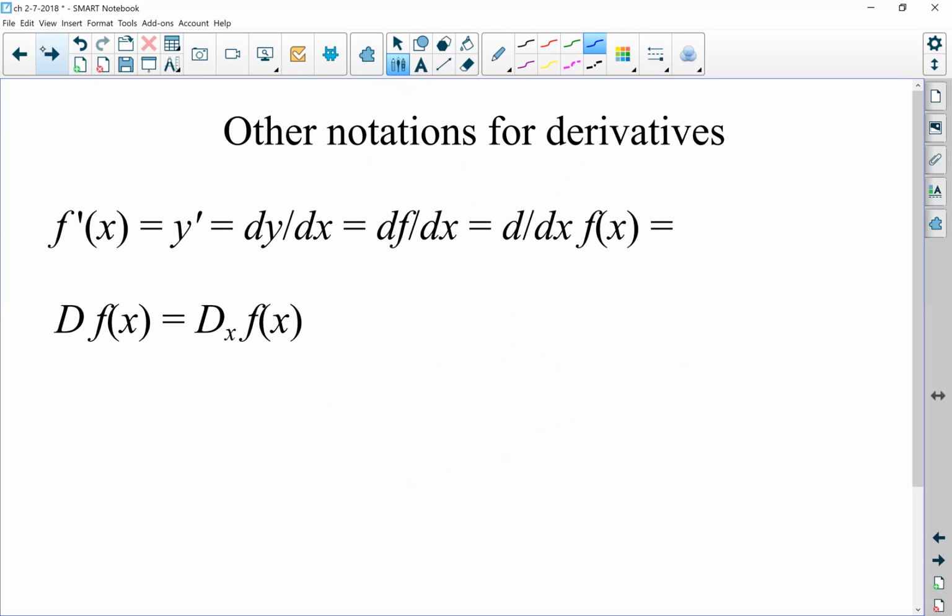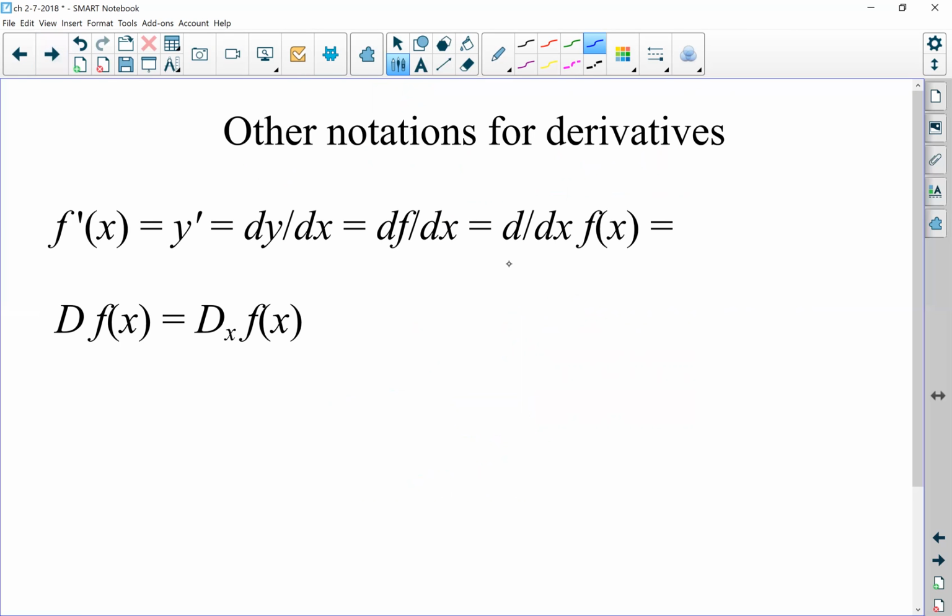A couple other ways that you could notate a derivative. F prime of x, y prime, dy over dx, df over dx, d over dx, f of x.